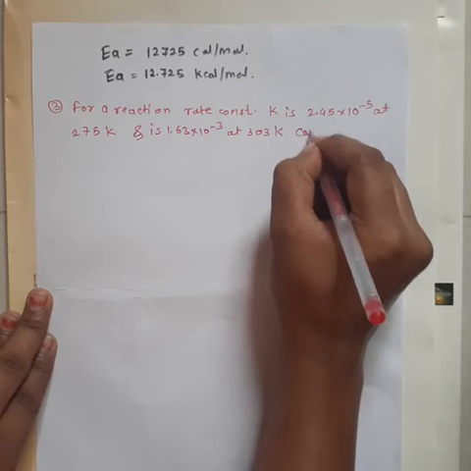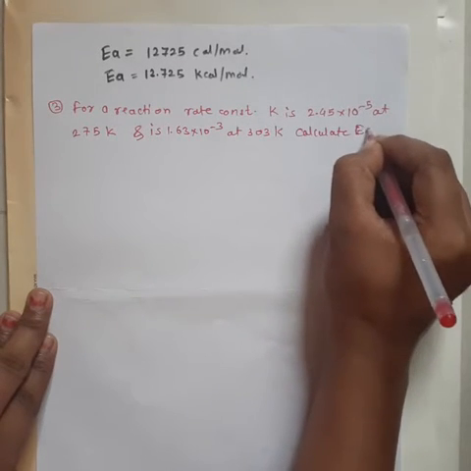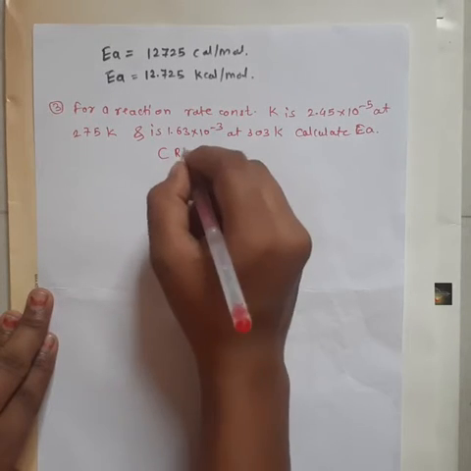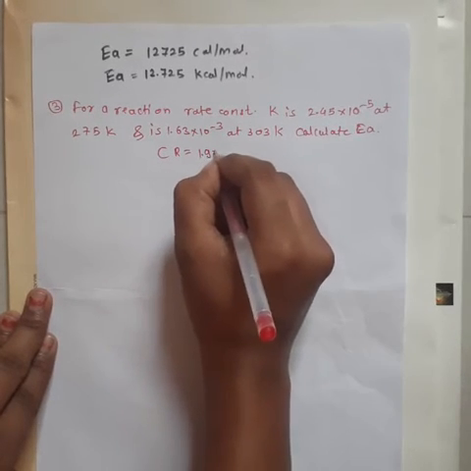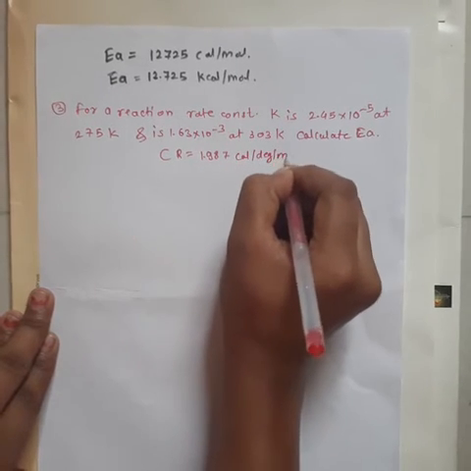So calculate activation energy, that is EA. Calculate EA. So here the value of R is given. R is equal to 1.987 calorie per degree per mole.